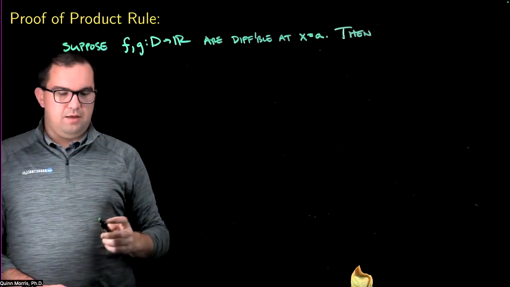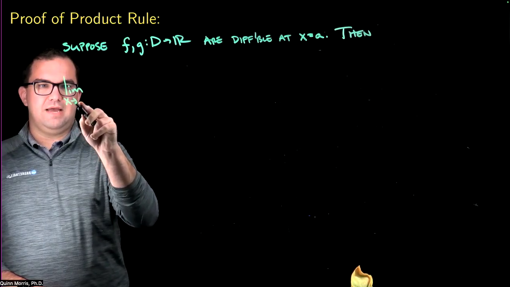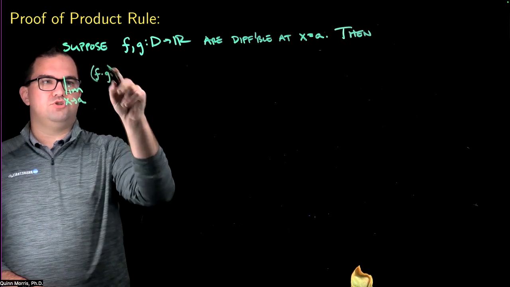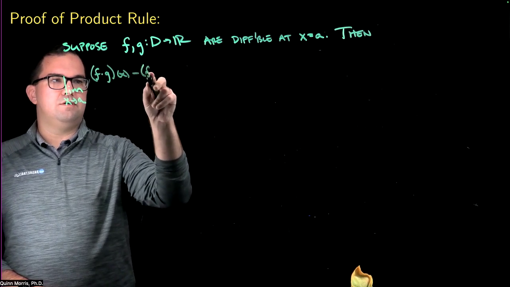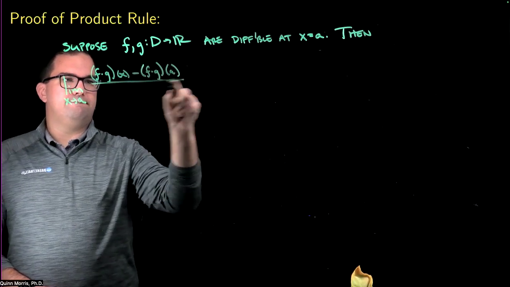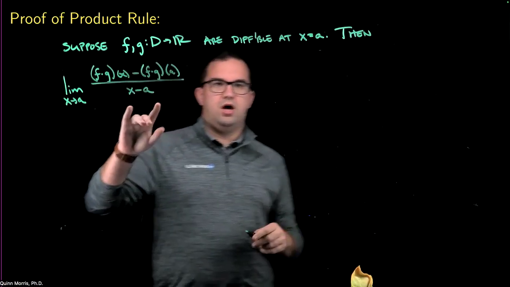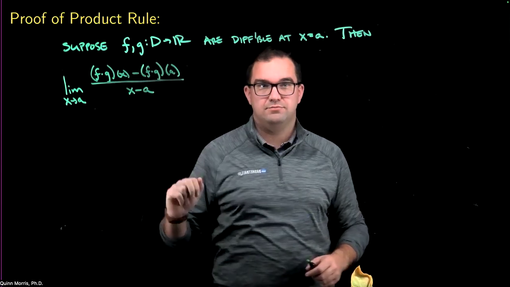Okay. So I'm going to look at this limit as x approaches a of (f times g)(x) minus (f times g)(a), all over x minus a. So this is just the limit definition of the derivative, and now I'm looking at the derivative of the function f times g.